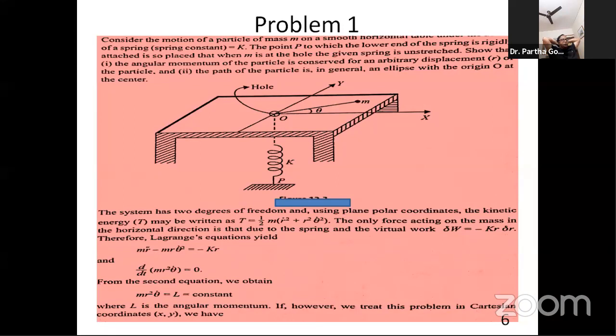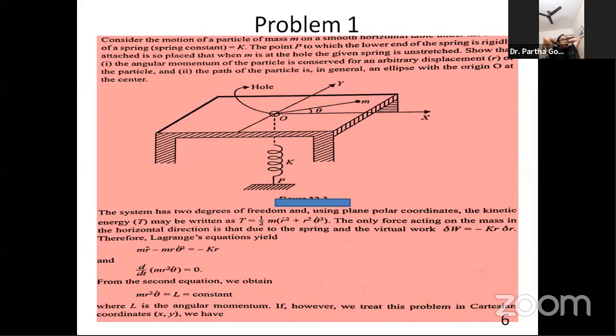We are on the sixth slide. We are, I repeat again, doing a problem where we have a spring of spring factor K, which is fixed to the floor at the point P, and then there is a hole on the table through which a mass M is attached to the spring through a thread.